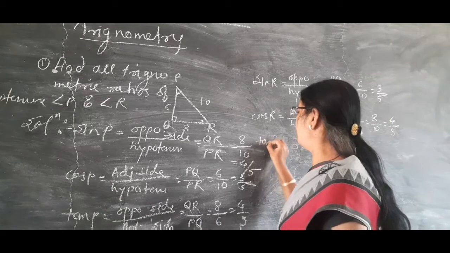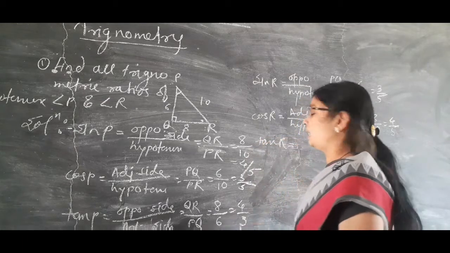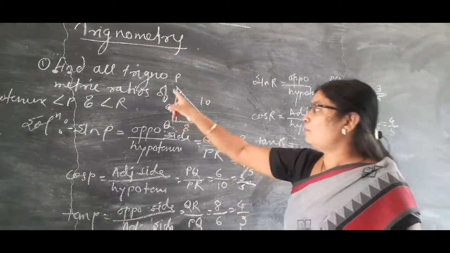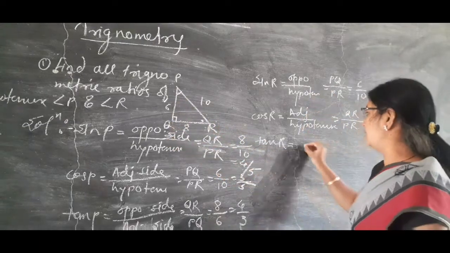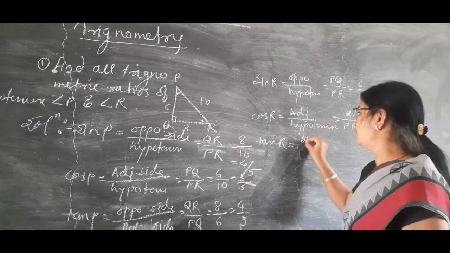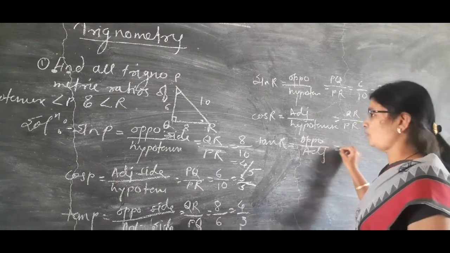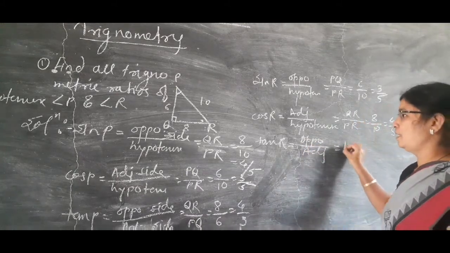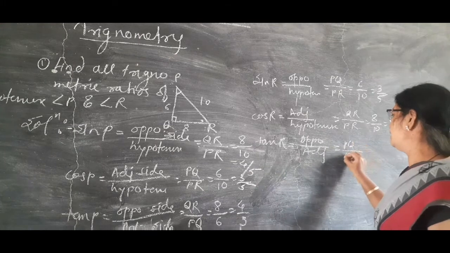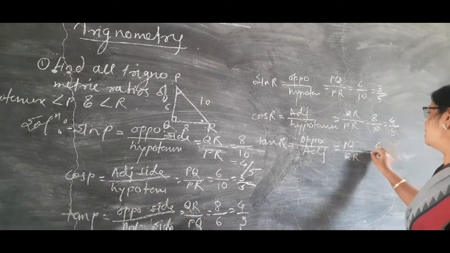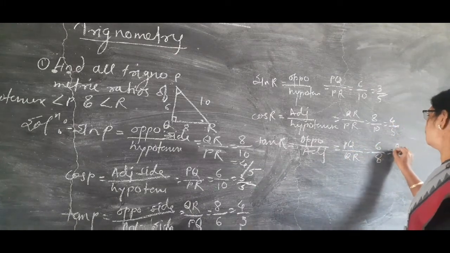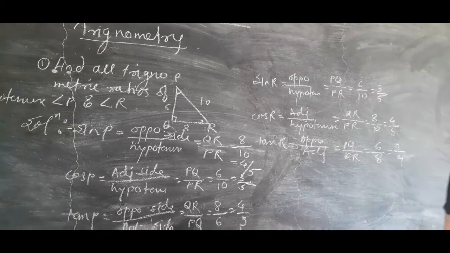And then you have to find out tan R. Tan R is opposite upon adjacent side. So opposite is PQ, adjacent is QR. Then 6 upon 8. What is your answer? 3 upon 4.